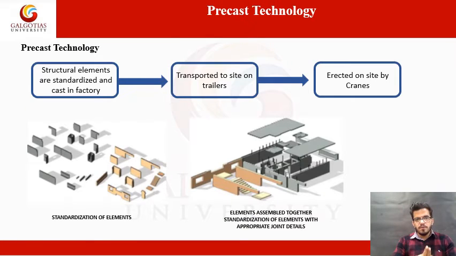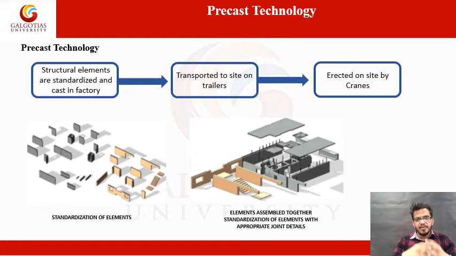So when we talk about the precast technology, we have a standard three-step technology. First, those members or components that are being designed in a factory have to be well designed and well labeled. They have a certain coding on them so that they can be connected with ease on the site. So the structural elements are first standardized and then cast in a factory.